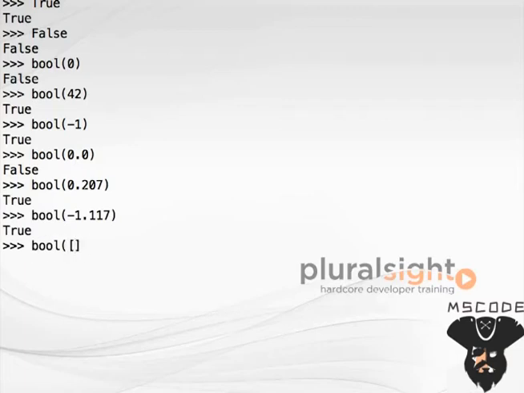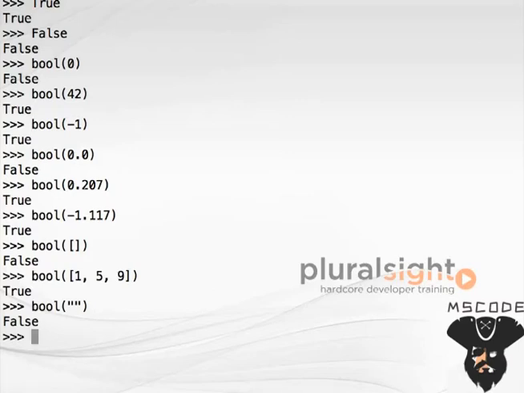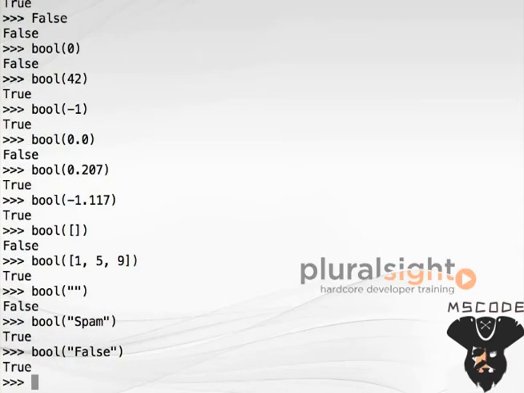Converting from lists, which we'll look at shortly, and strings. In particular, you cannot use the bool constructor to convert from the string representations of True and False, because the string False is not empty.